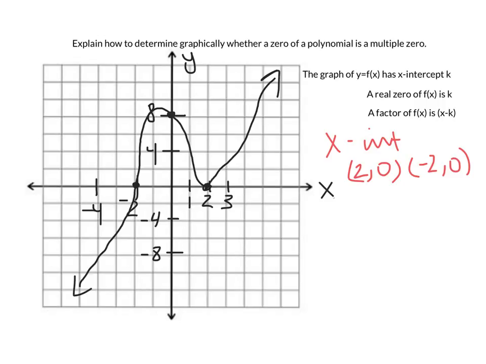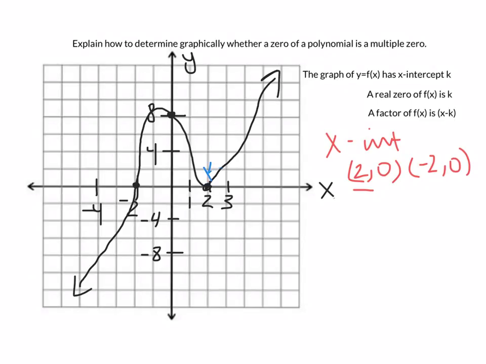So if a real zero of f of x is k, as we're told in our chapter 4, then let's call x-intercept 2 k. It doesn't matter.